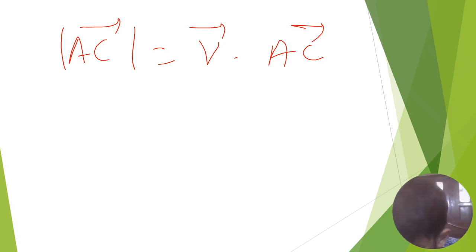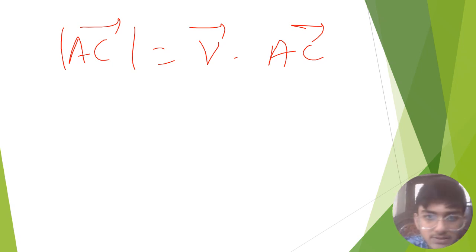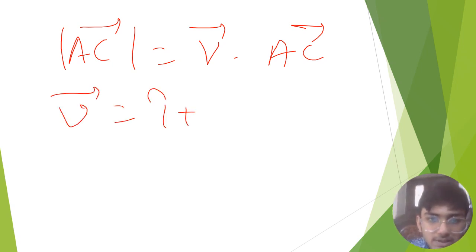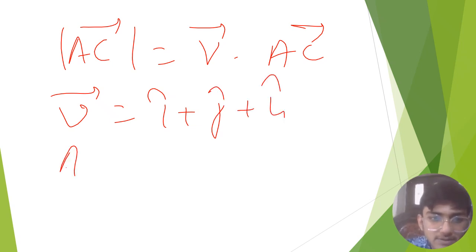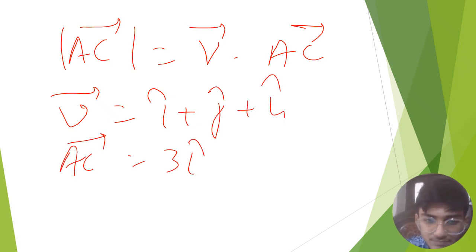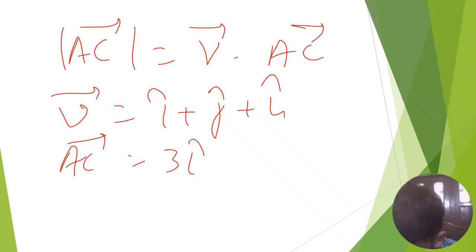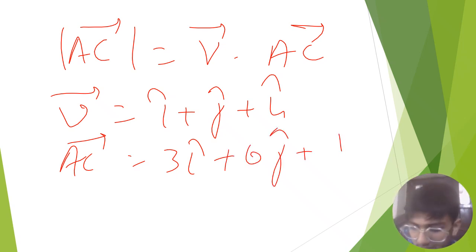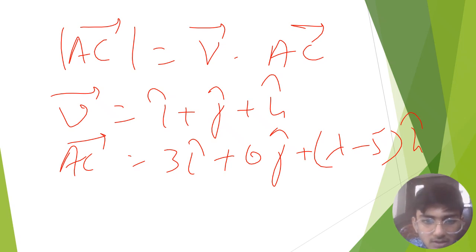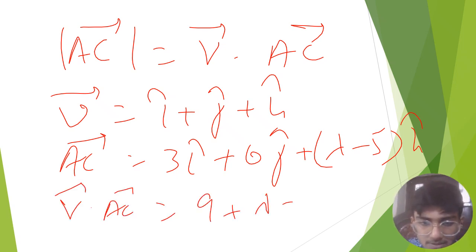Just do the dot product of the vectors. V vector is i cap plus j cap plus k cap, and AC vector is 3i plus 6j plus lambda minus 5 k cap. The dot product will be 3 plus 6, 9, plus lambda minus 5, that will be lambda plus 4.